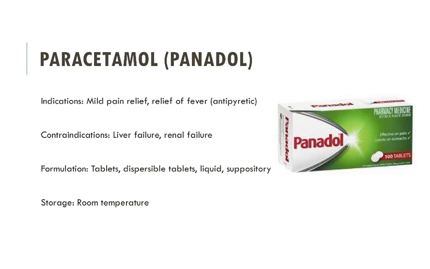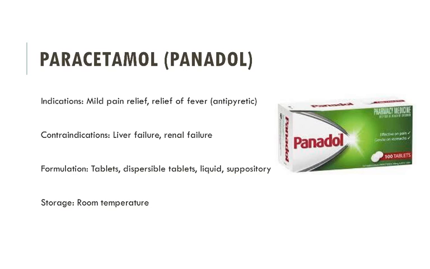Okay, so the first one is a common drug that we can buy over the counter. We can get it from supermarkets even, and that's paracetamol. A brand name of paracetamol is Panadol. Okay, and the indications for a patient receiving paracetamol is that they would be suffering from mild pain and or a fever.